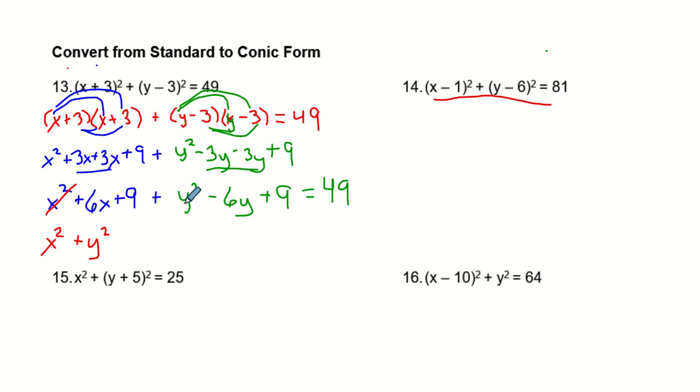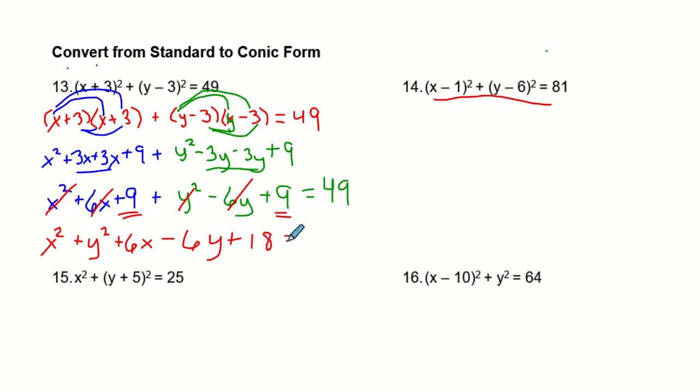So the 6x, we already did that, the 6x goes here. The negative 6y goes here. So it's kind of like the more x's, the more y's. And then the constant. Well, notice, we have 9 and 9. So that's 18. So that's my constant.